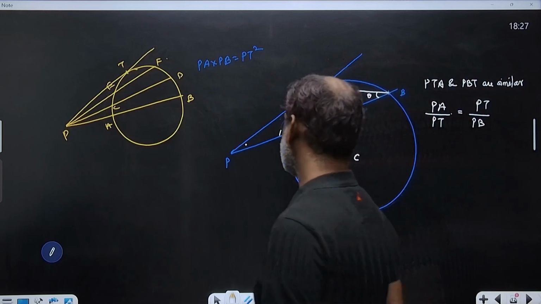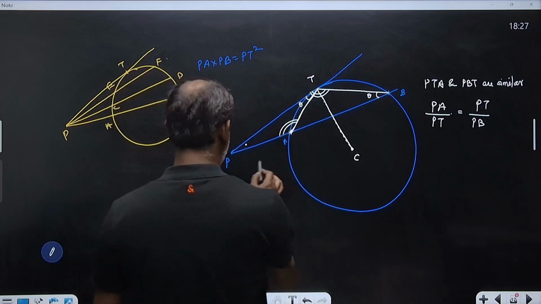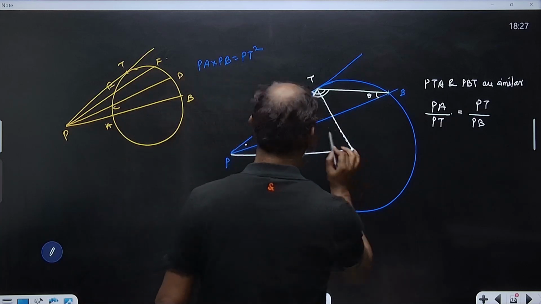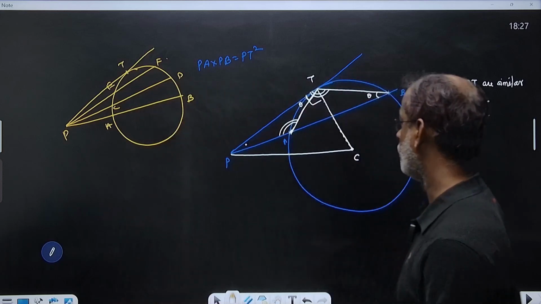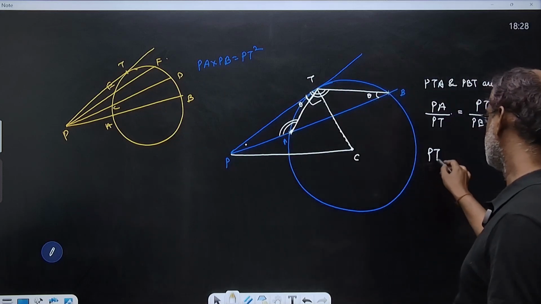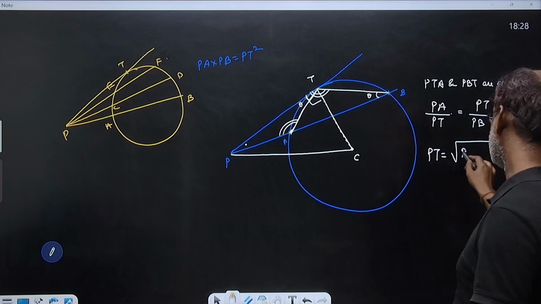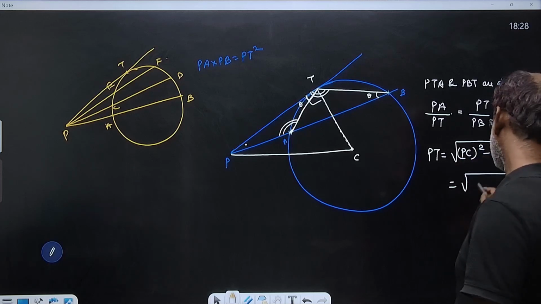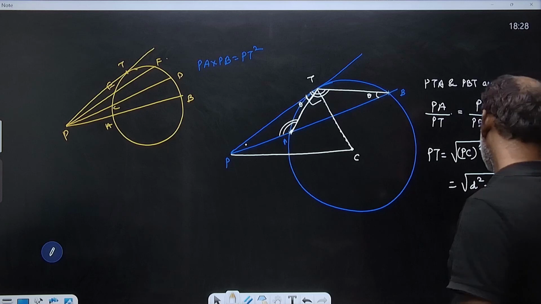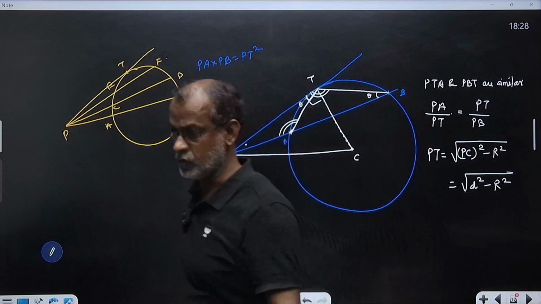Whenever we have to find the length of the tangent, this is 90 degree, so the length of the tangent is root of d square minus r square.